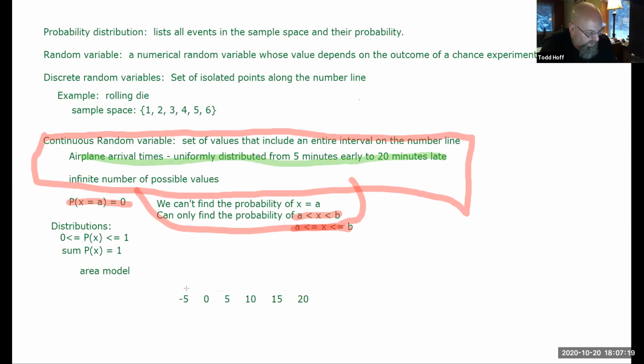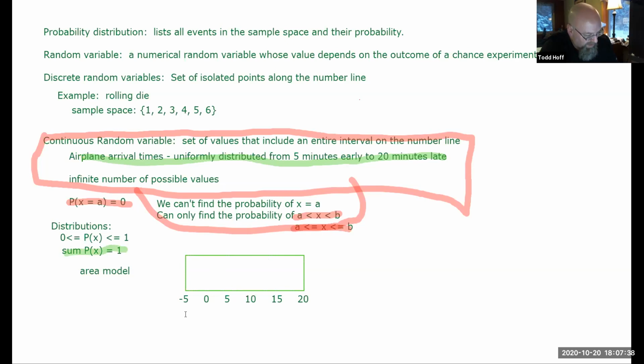And I'm going to put uniform, means it's all the same all the way across. So it's just going to be a rectangle like this. Now we said the sum of this probability has to be equal to 1. So that means the area of this rectangle has to equal 1.